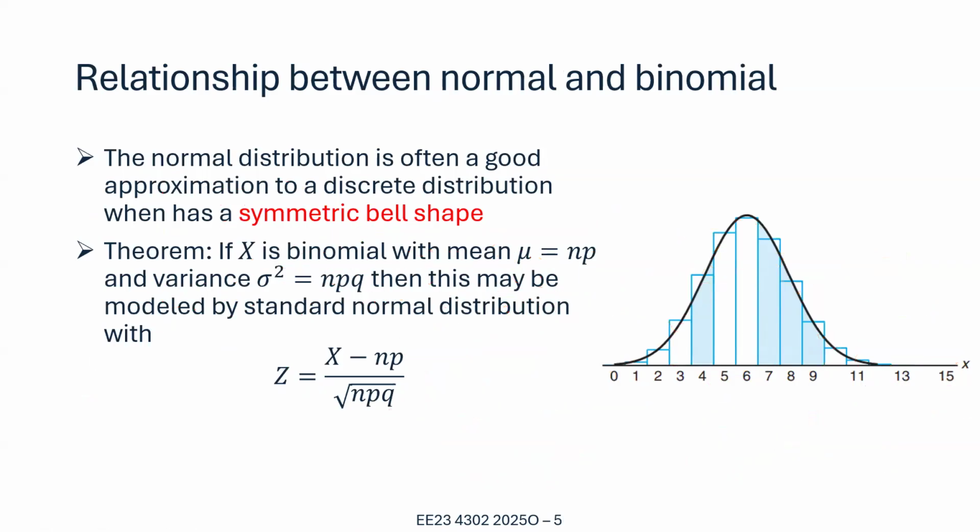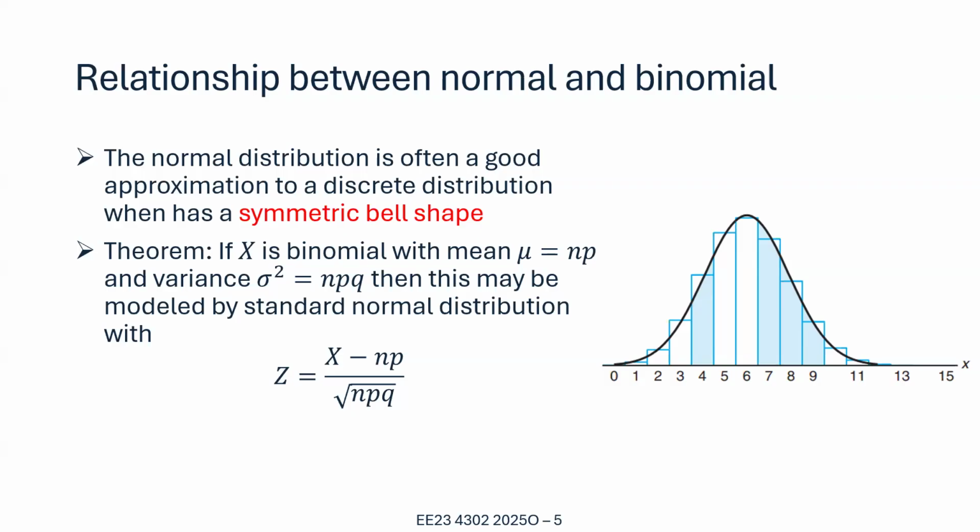Here there is actually a relationship between the normal distribution and the binomial distribution. The normal distribution is often a good approximation to a discrete distribution whose shape looks like a normal distribution.